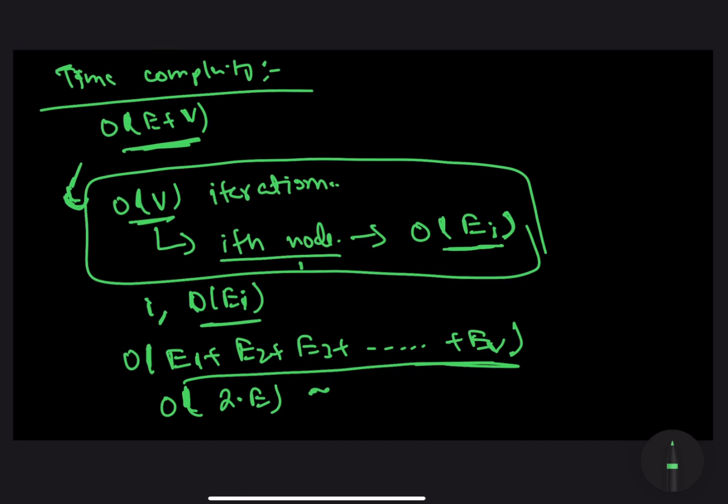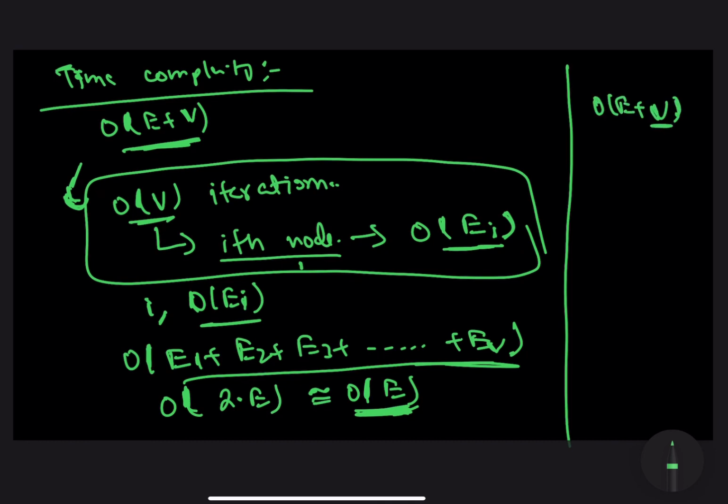So this will also be equivalent to O of E. Thus the total runtime becomes O of E plus V, where V is the number of vertices and E is the number of edges. All right, so I hope that this was crystal clear.